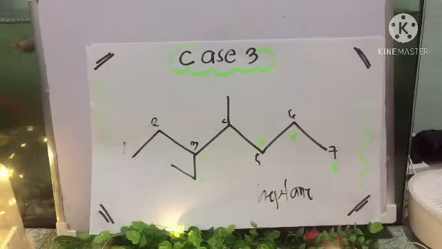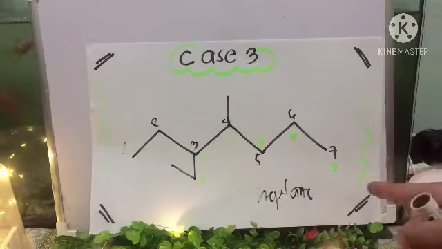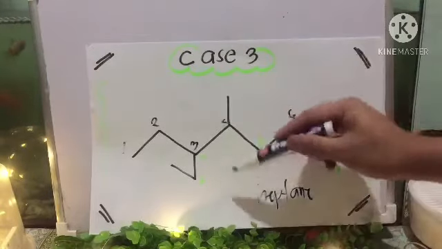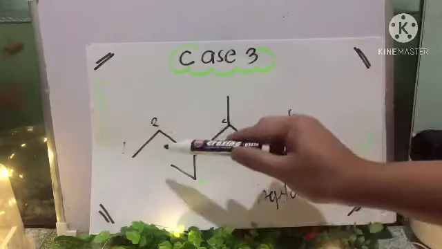So step 3, identify the types of substituents. So we have a methyl and an ethyl group. Always write substituents in alphabetical order. So the ethyl goes first, then the methyl, and we place the numbers where each substituent is, so this is the correct name.